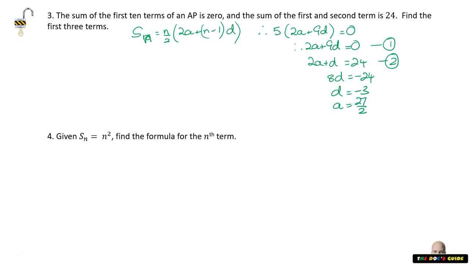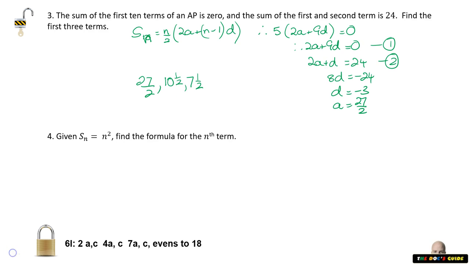And therefore our first three terms will be a, then a plus d, which is 27 on 2 minus 3, so that's 13.5 minus 3, which is 10.5. So 10.5, and then minus another 3 to give us 7.5.